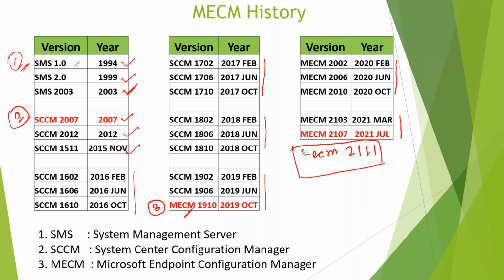It was released in November last year. 2021 is 21 and 11 is November. So last year in November, they released this 2111. First name was SMS System Management Server, second name SCCM, and third name is Microsoft Endpoint Configuration Manager.